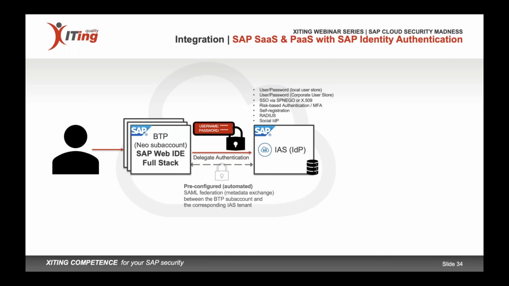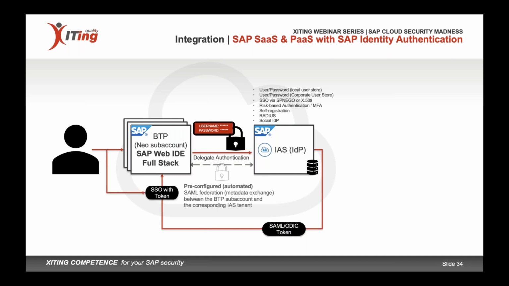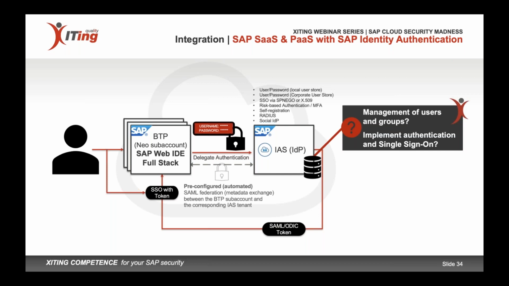The user authentication is delegated to the IAS, and after a successful authentication, the user receives a SAML token, and that token is used for single sign-on to the application. So now you have to make sure and think about how you really handle your users and groups and how you create them in your identity authentication tenant, and also how you implement a single sign-on for that user.